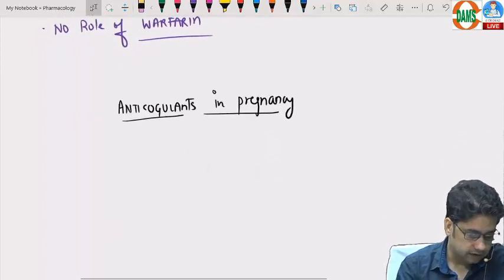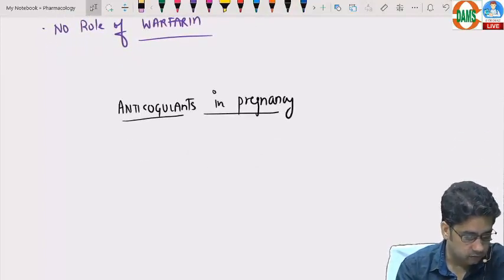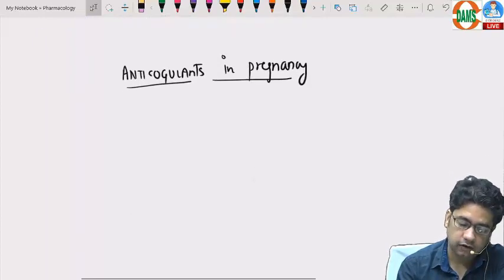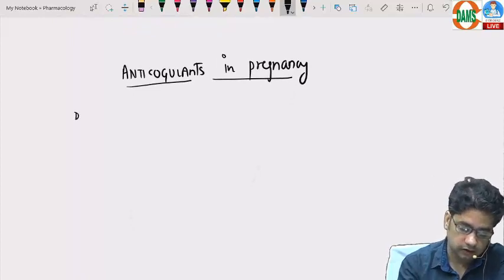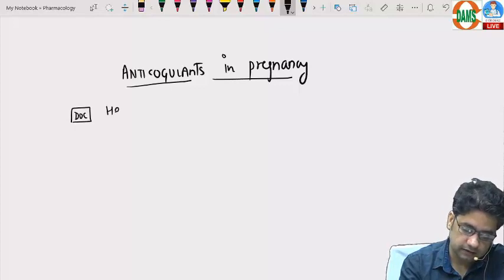Anticoagulants in pregnancy. Yes, you can give ultra low molecular weight heparin, fondaparinux. Okay. The drug of choice as an anticoagulant in pregnancy is heparins.